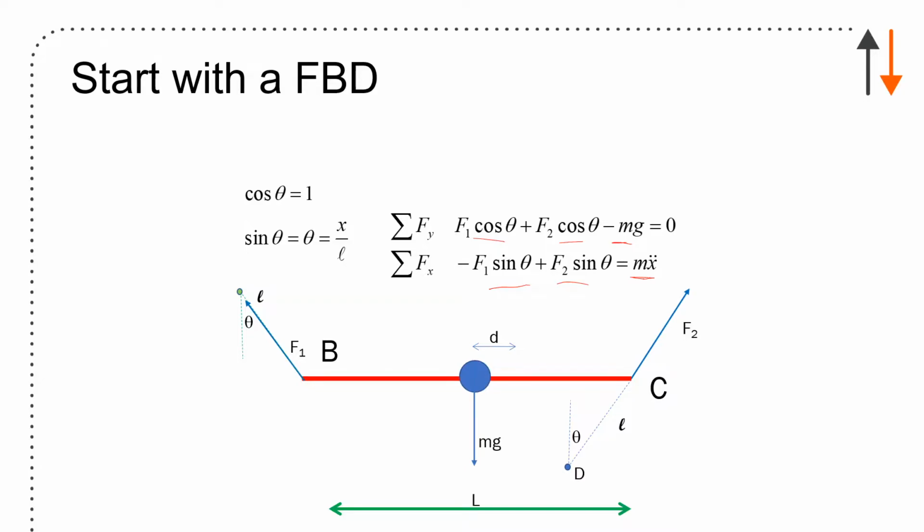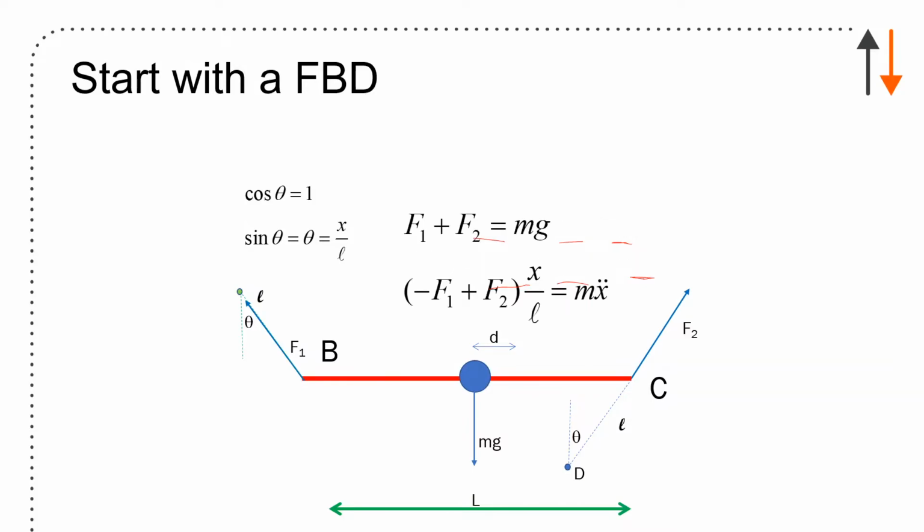So we don't set it to 0, but we set it to theta, and it's x over L, L being the length of the support rods, not the length BC. So from that we get F1 plus F2 equals mg, and minus (F1 plus F2) x over L equals m x double dot. So we've got all the terms there and everything we need.